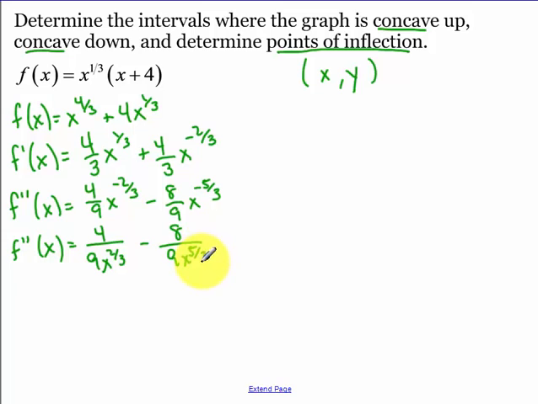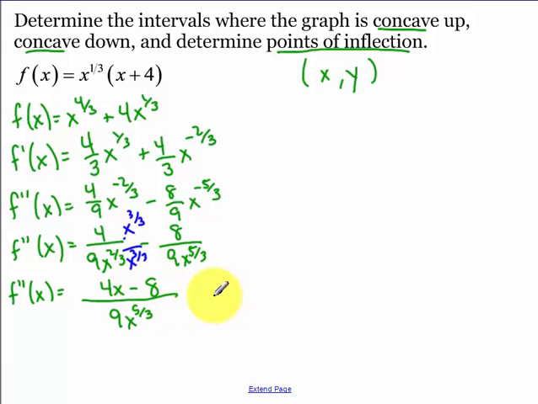Now we want these exponents to be the same. So I'm going to multiply this first term by x to the 3/3, which is really like saying 1, over x to the 3/3. So that now our second derivative has a common denominator of 9x to the 5/3 on the denominator. 4x minus 8 is in the numerator.